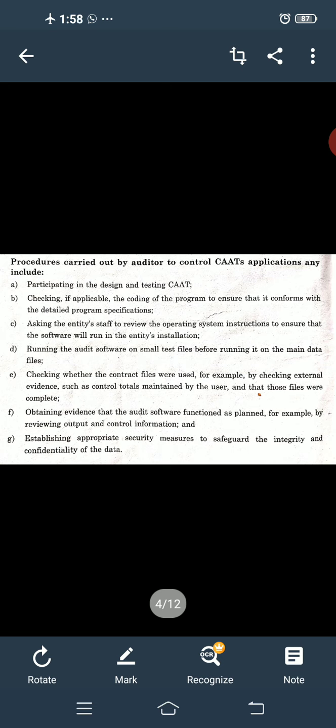By looking at the output and control information, the auditor will know whether the audit software functioned as per the plan. Then establishing appropriate security measures in order to safeguard the integrity and confidentiality of the data.